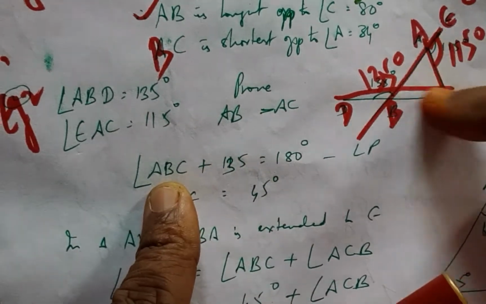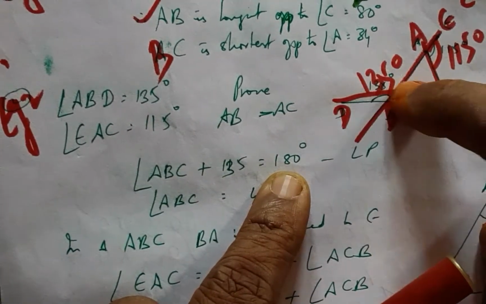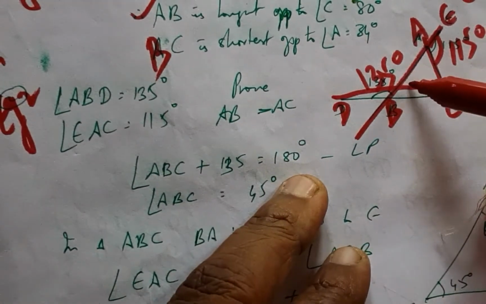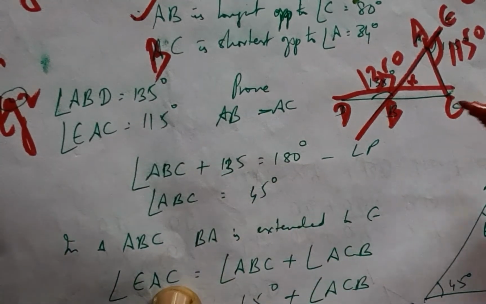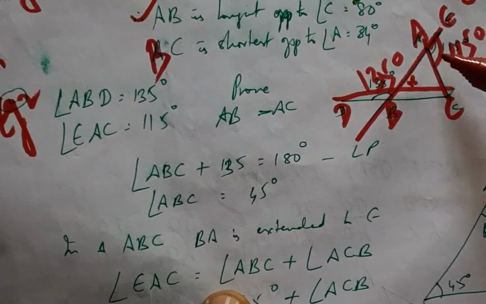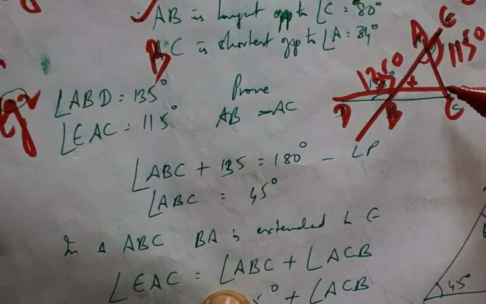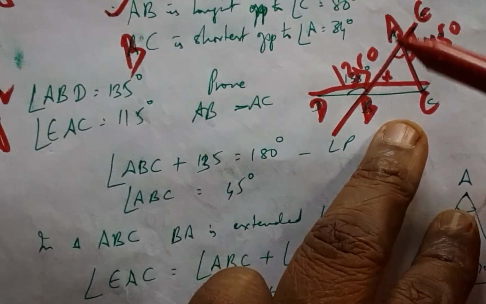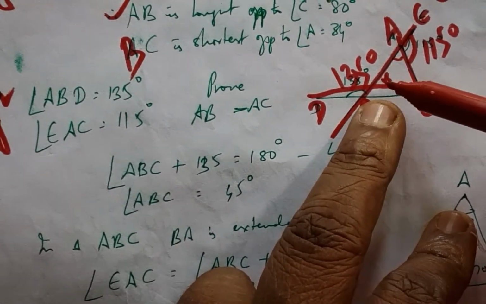So angle ABC plus 135 is 180, which is a linear pair for these two, and therefore ABC stands at 45. So I have arrived at 45 degrees here, and now similarly I have to pick up EAC being 115. I can arrive at this angle BAC, and without even the linear pair area, we can directly arrive at this being 45.